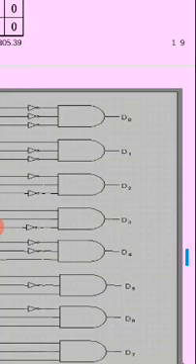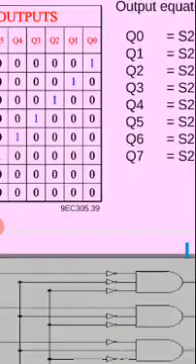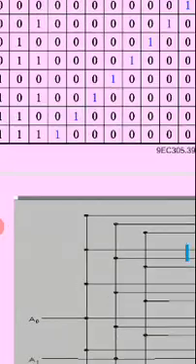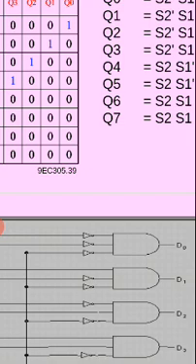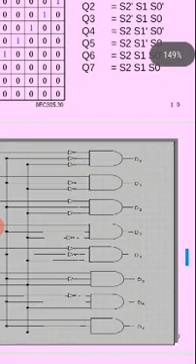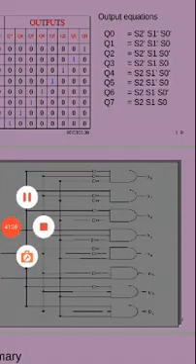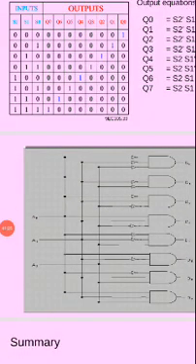For example, for D0 or Q0, all are complements. Hence, here NOT gates are given. Input is taken from the NOT gate, so they become the complement of the 3 bits. Like that, the logic circuit is developed. This is the 3 to 8 decoder logic diagram.